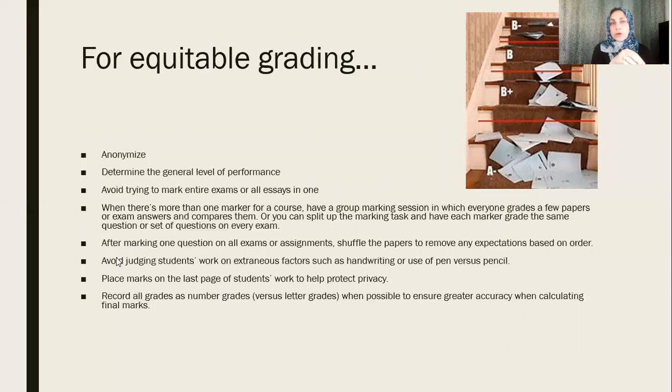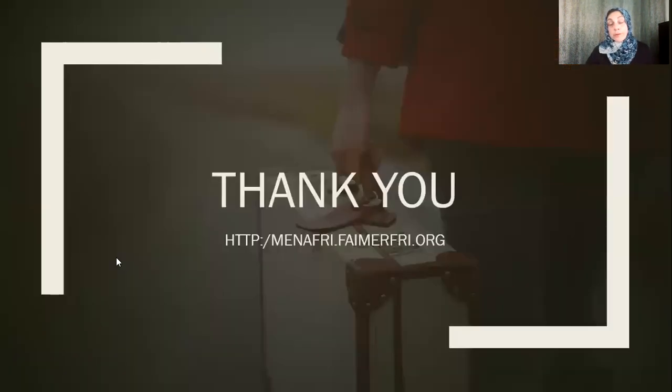If it's not in your objectives, then you should not be marking it or grading it. Record all grades and numbers. All letter grades, you transform them to numbers if this is a differentiating exam, of course, because when you're calculating the final marks, they're going to want a percentage or some kind of number to work with.